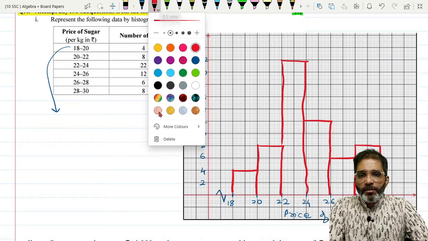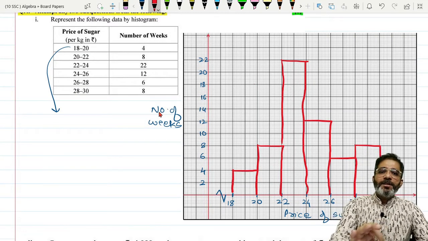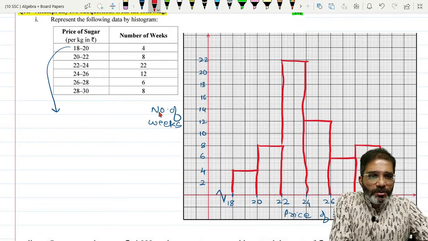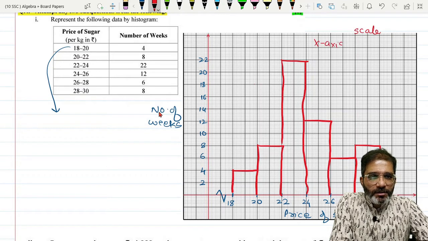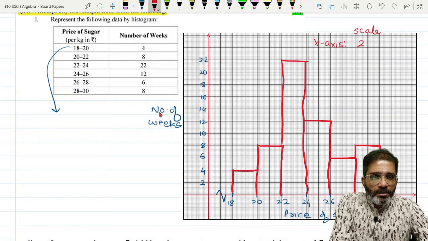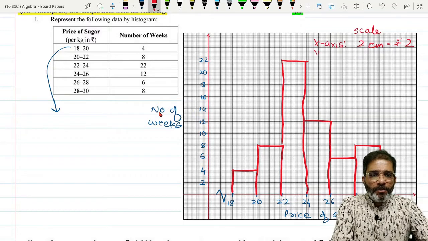And one more thing, students, we have to specify the scale. So we write the scale on the top. Let us write for the x-axis. For the x-axis, the scale is 2 centimeter equal to rupees 2. And on the y-axis, 1 centimeter equal to 2 weeks.